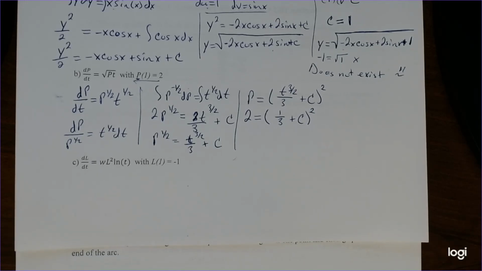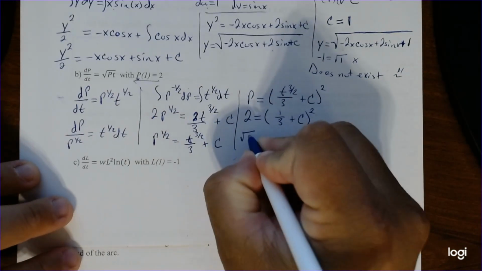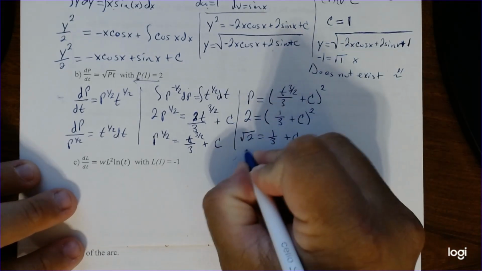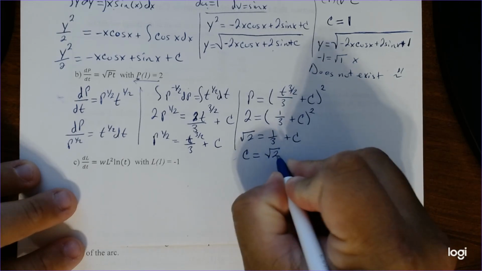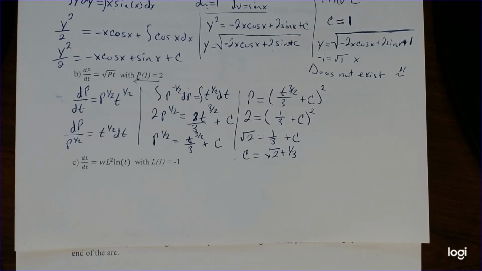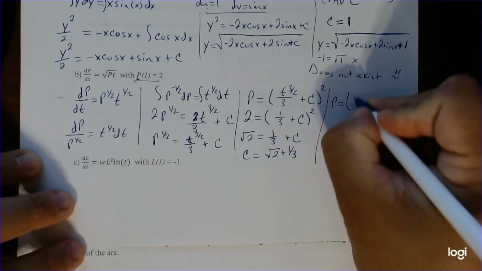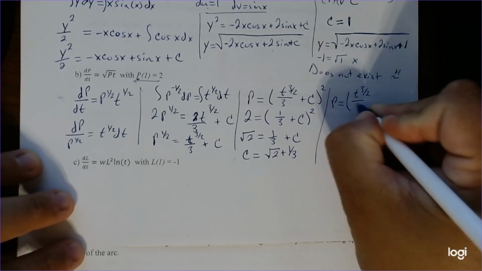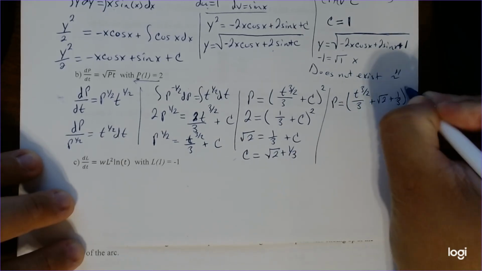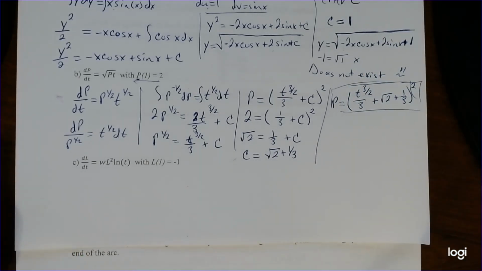All right, solving for c, square rooting both sides gives you square root of 2 is equal to 1/3 plus c, and bring it over, so c is equal to radical 2 plus the 1/3. Okay, so therefore, if we don't use a calculator, our equation is going to be exactly this. And there we go. There is our equation with respect to p.